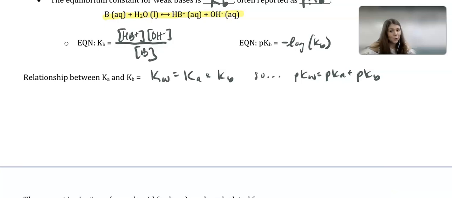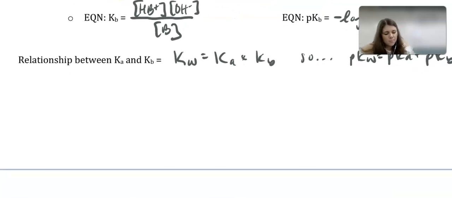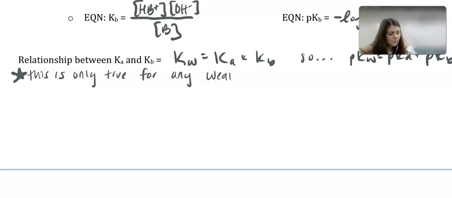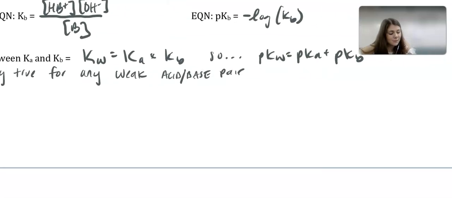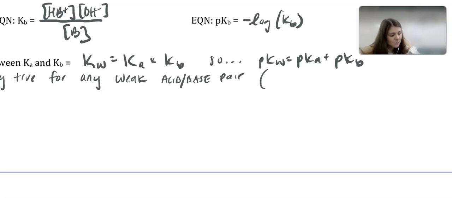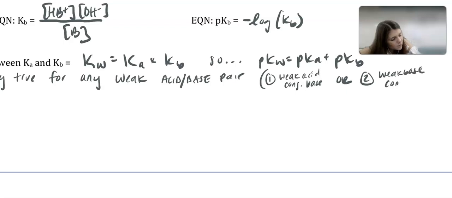So I'm going to prove it to you and show you. I do want you to know that this is only true for any weak acid-base pair. What that means is this either can be a weak acid and its conjugate base, or a weak base and its conjugate acid.